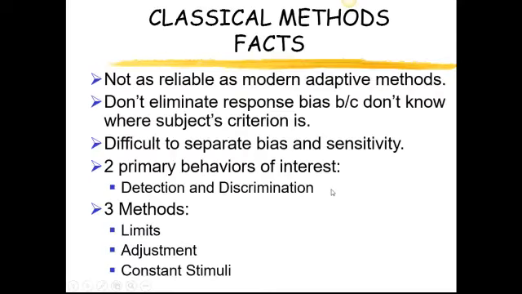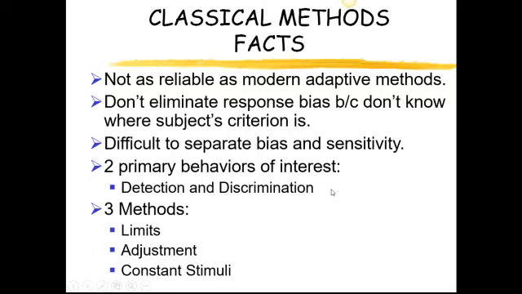So some facts about the classical methods. The classical methods are not really as reliable as modern adaptive methods. They don't eliminate bias because we don't really know where the subject's criterion is. So what are they using to say, yes, I heard that, or no, I didn't, or yes, that matches, or no, it doesn't?